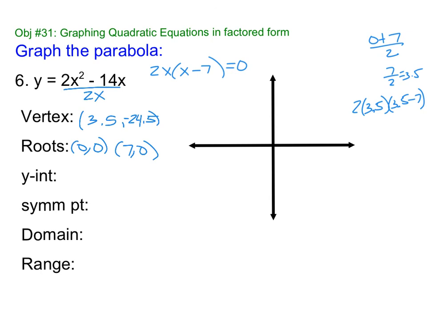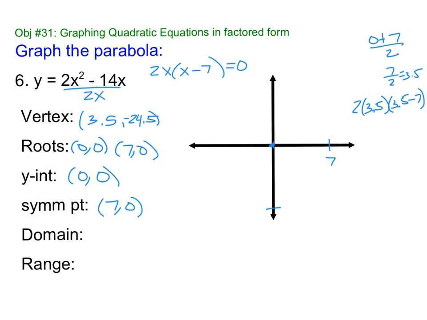My y-intercept is 0. What do you get when you plug in 0? 0, 0. Again, whenever you have a GCF, the symmetric point and the roots are the same. Because if you double 3.5, you get 7, so 7, 0. Let's make that 7. We got 0.